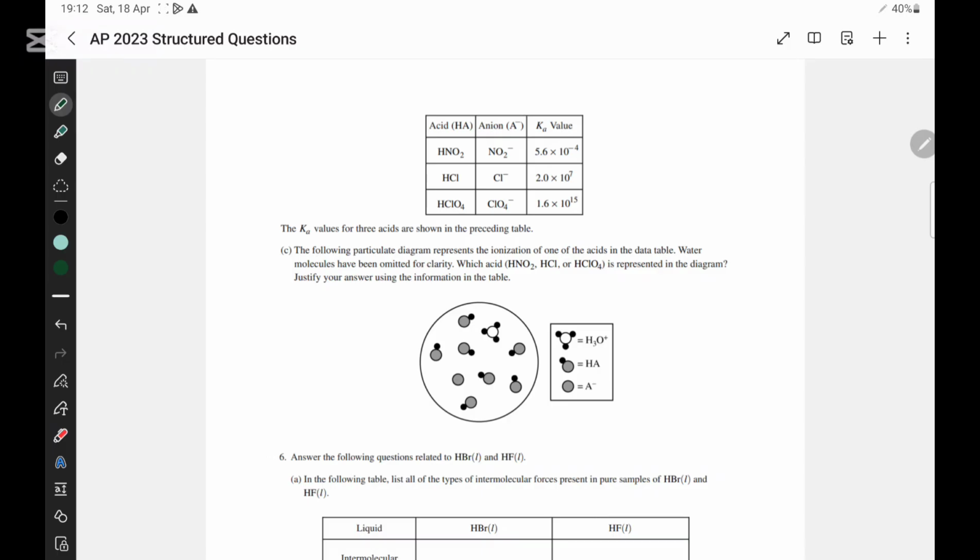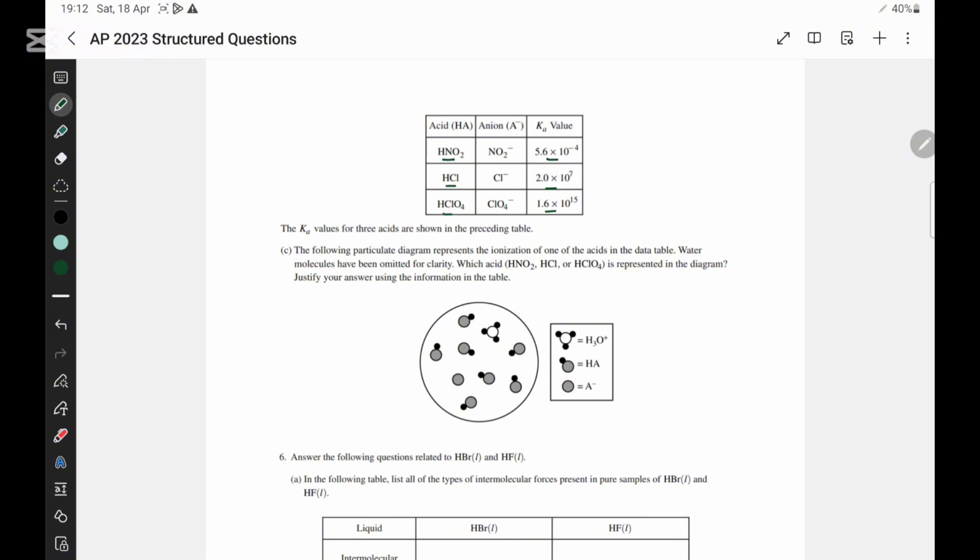So in this question they are saying the following particulate diagram represents the ionization of one of the acids in the data table. These are the acids and these are their Ka values. They are saying, after seeing the diagram, identify which acid it could be.